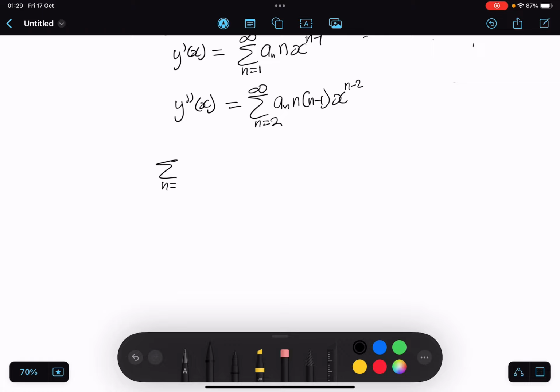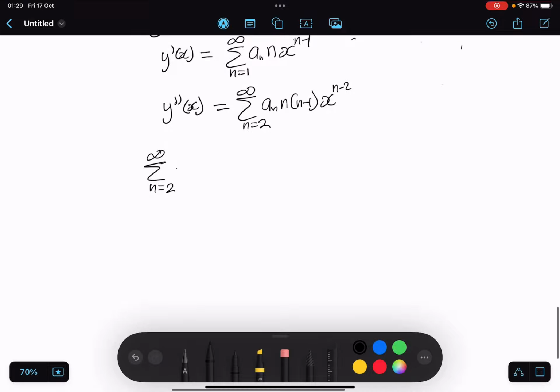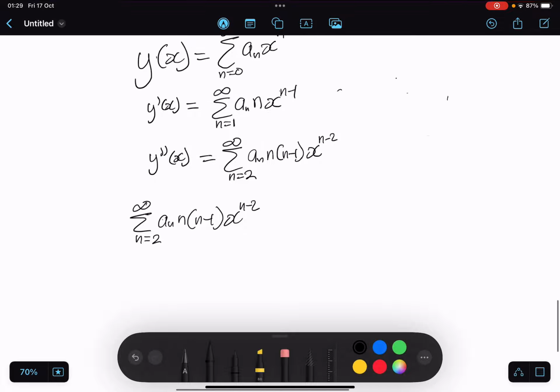So now we are going to substitute from this equation. We're going to have n times n minus 1, x to the power n minus 2, right?